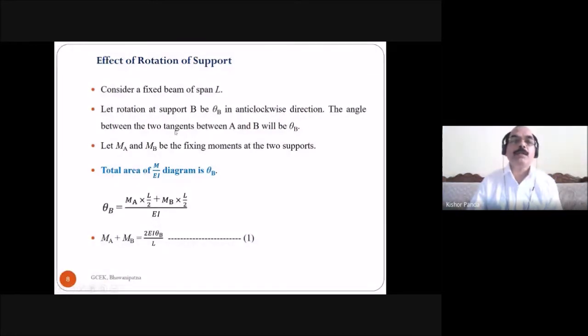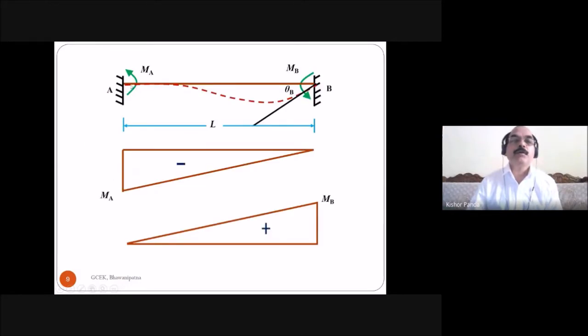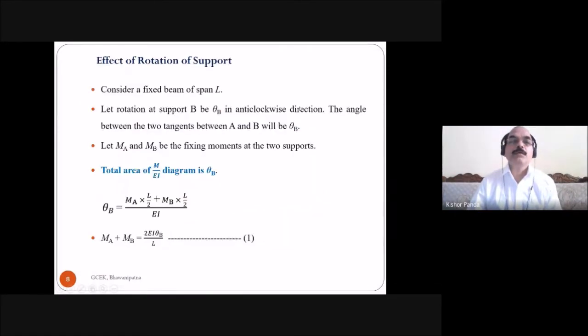The angle between the two tangents between A and B will be theta b, because when we draw a tangent at A, it will pass through the original axis of the beam, and when we draw a tangent at B, this is the tangent. So what is the angle between the two tangents? It is theta b.